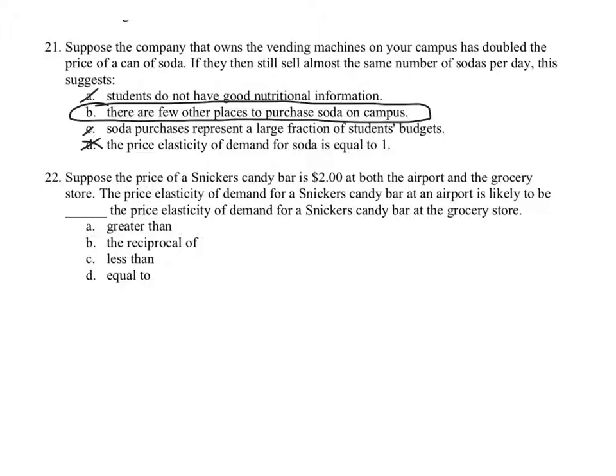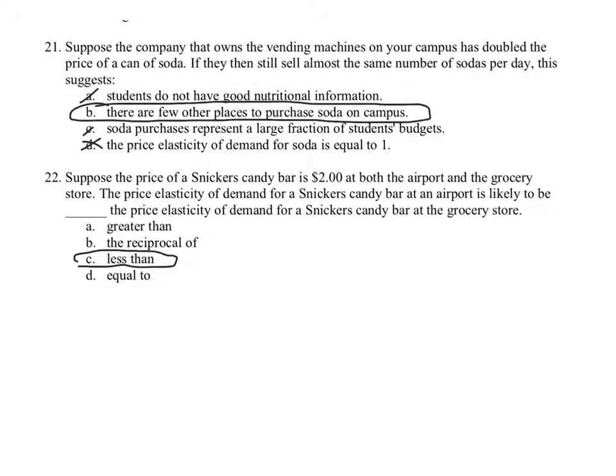At the airport, usually it's a hassle to get to the airport. You're at the airport. If you want a Snickers bar, you're going to buy a Snickers bar at the airport. There really isn't any other option. Maybe Milky Ways or something, but the demand is likely to be smaller in absolute value than the price elasticity of demand in the grocery store.